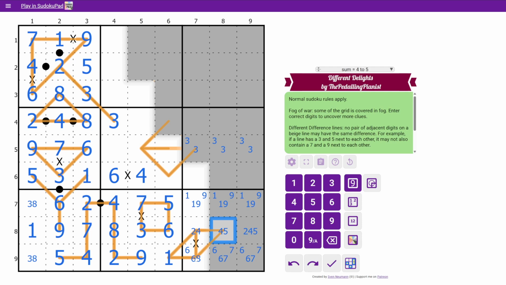If it was a 4-6, it could not be a 4. It would have to be a 5. That would be a 1 difference. Oh no. If it's a 4-6, it could not be a 5. If it's a 2-8, then it could be a 5.